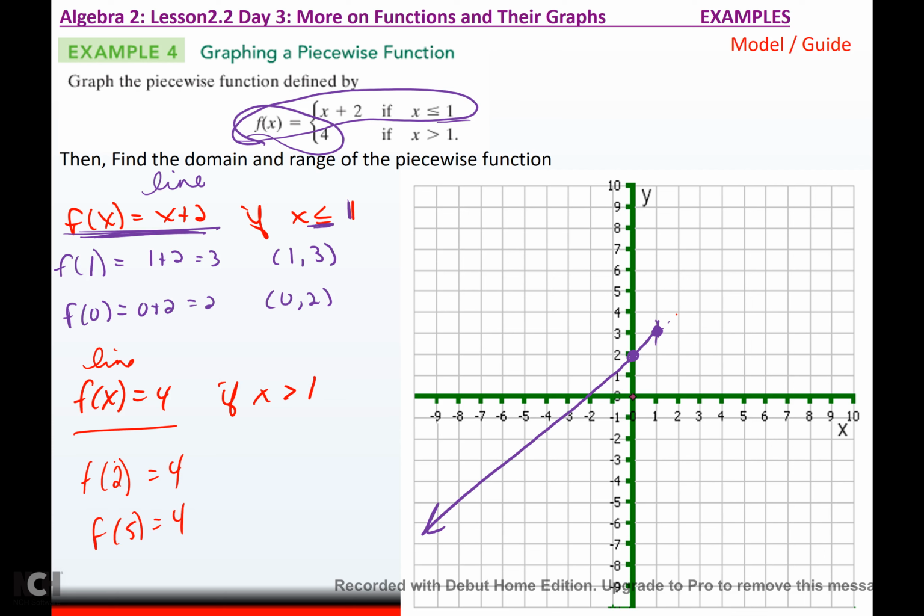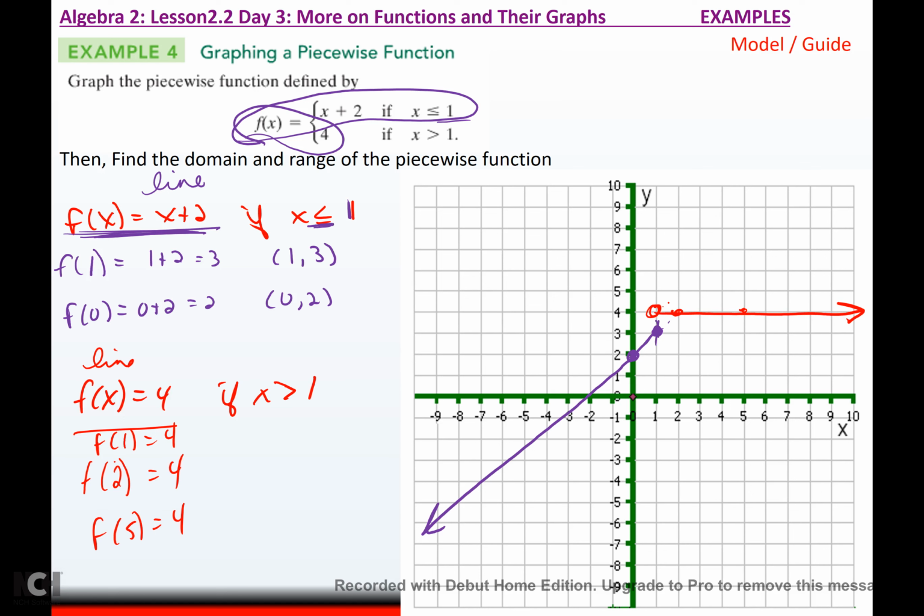So 2 would be 4, and at 1 it is not included. If you plug in 1, you still get 4, but it's not included. And if I graph 2, 4 and 5, 4 and connect the dots, I know this is a line, but this one is not included.